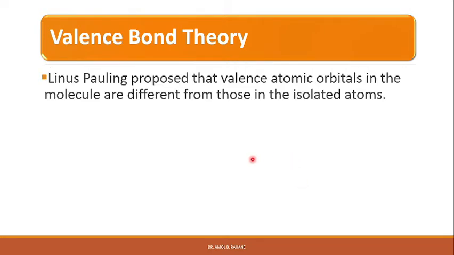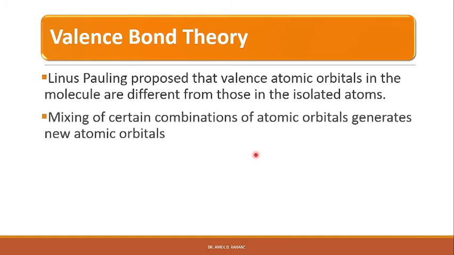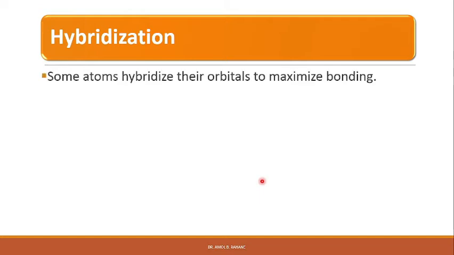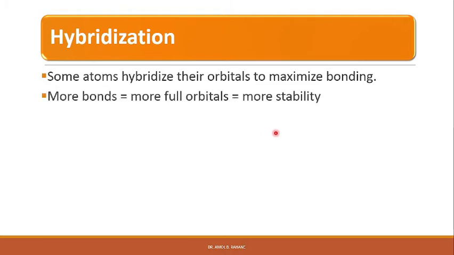Linus Pauling proposed that valence atomic orbitals in the molecule are different from those in the isolated atoms. The mixing of certain combinations of atomic orbitals generates new atomic orbitals. The process of orbital mixing is called hybridization and generates hybrid orbitals. Some atoms hybridize their orbitals to maximize bonding.